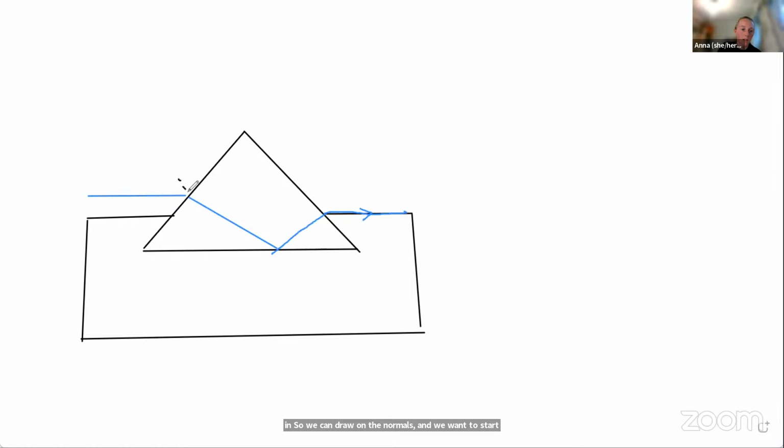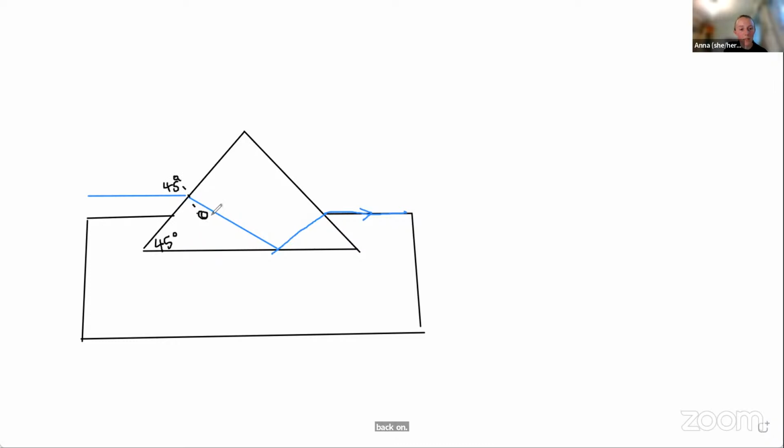Can anyone tell me in the chat what this angle of incidence would be? 45 degrees. Nice. And that is because we were told in the question that these two are 45, which I forgot to draw back on. But yeah, you're all on it. So this one's 45°.